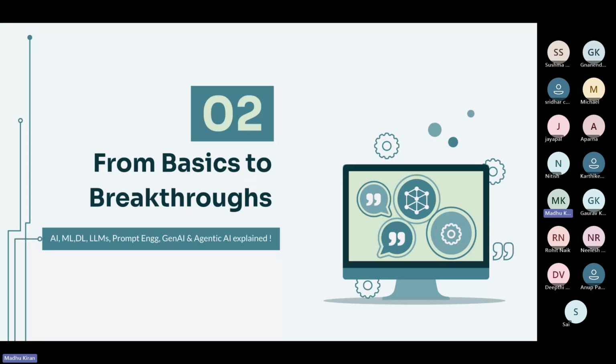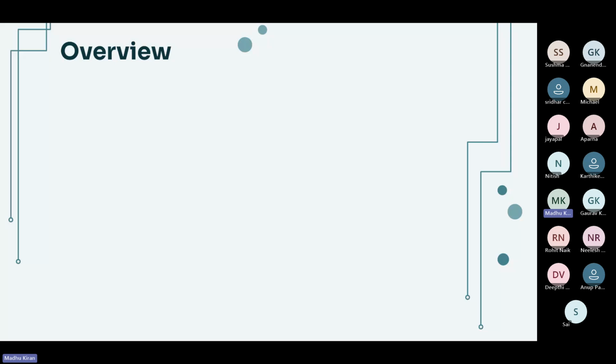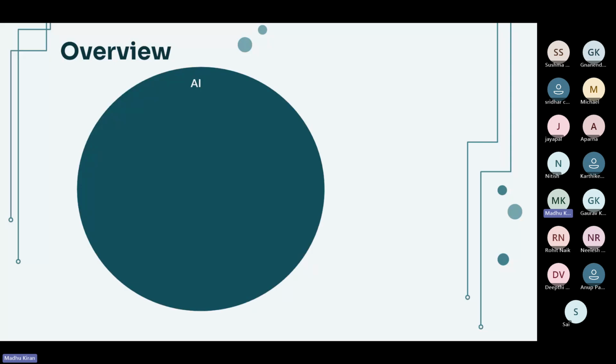You'll not only understand the buzzwords, but also see how they are connected, shaping the AI tools we use every day. And don't worry, I'll keep it very, very simple with relatable examples, so you'll never mix these things up. We'll start with a Venn diagram where we'll discuss the differences between AI, machine learning, deep learning, Gen AI, and data science.